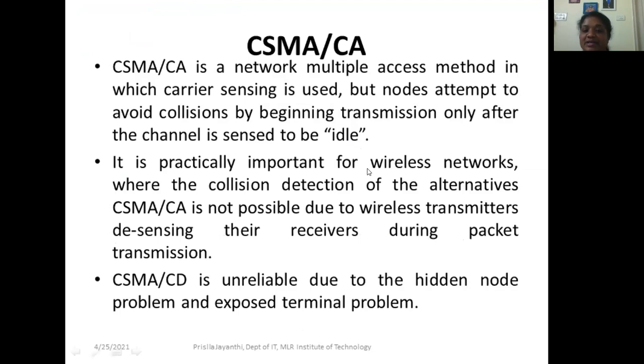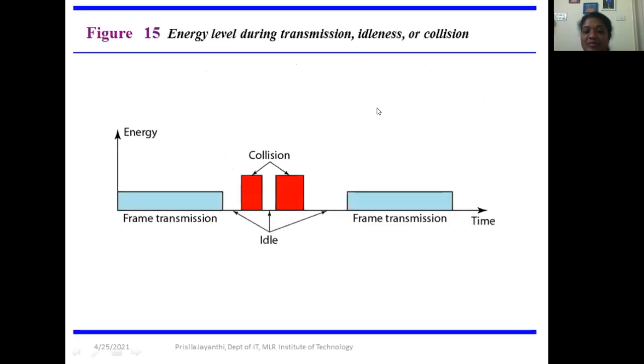It is practically important for wireless networks, where collision detection as in CSMA/CD is not possible due to the wireless transmitter desensing the receivers during packet transmission. Collision detection is unreliable due to the hidden node problem and exposed terminal problem.